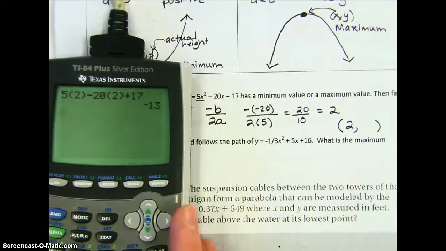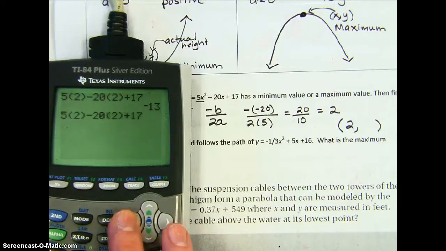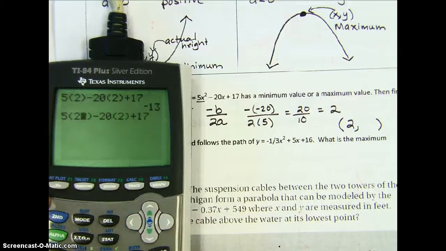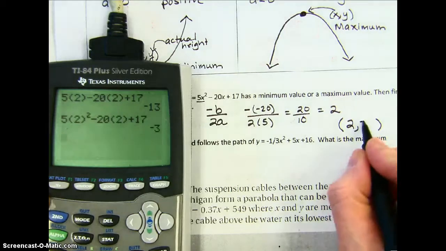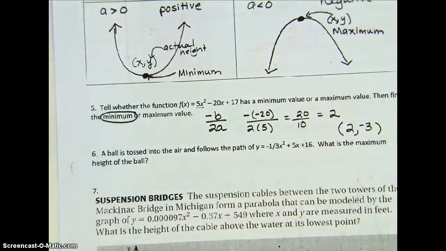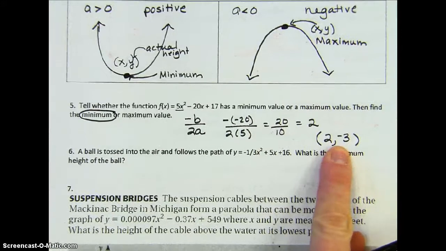But I'm going to check my math on that because I just noticed I did not put my square on my 2, so that is not the correct answer. So we're going to go back and change that to a square, and now that's more like it. So I get the negative 3. But that's not the question, okay? It says find the minimum or maximum value. So it would actually be the negative 3 is the lowest point on the graph.